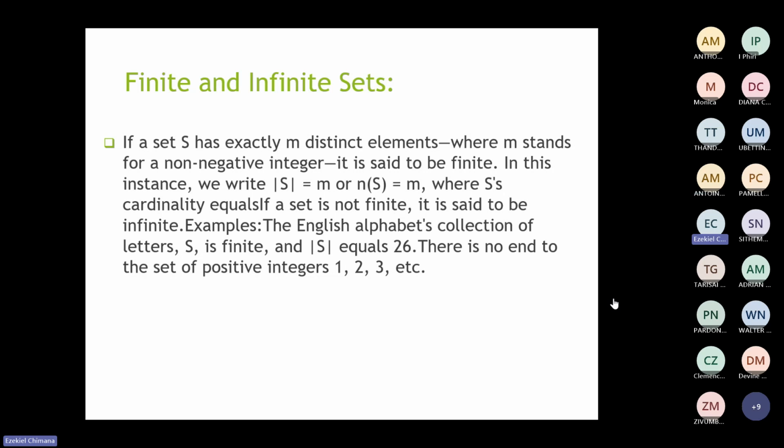But if it is a set of positive integers, it stretches maybe from negative infinity to positive infinity. So it's not possible to know the exact cardinality or the number of elements in such a set. So that's the difference between an infinite set and a finite set.